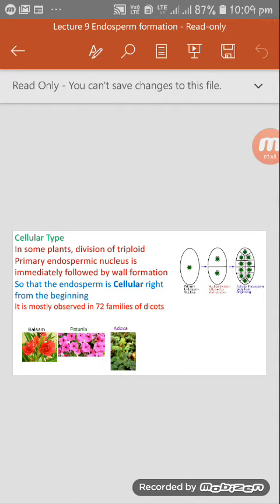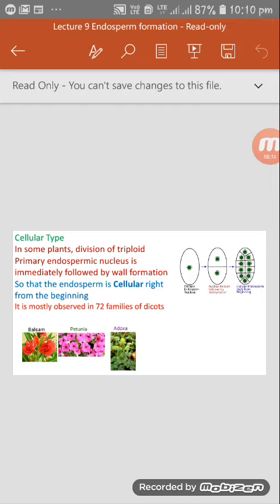Now, let's see the second type, that is the cellular type. In some plants, division of the triploid primary endosperm nucleus is immediately followed by cell wall formation, so that the endosperm is cellular right from the beginning.